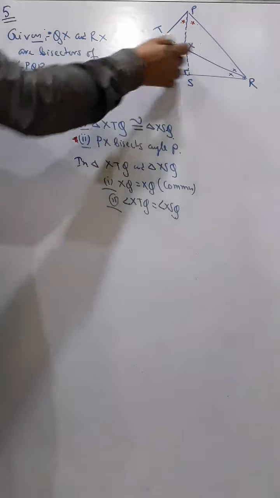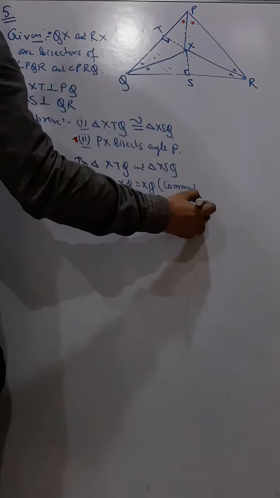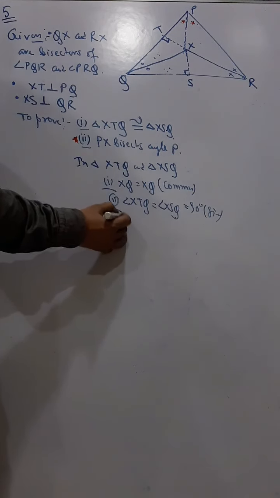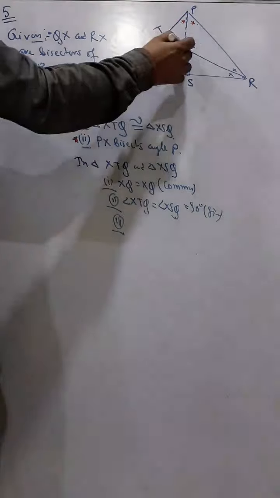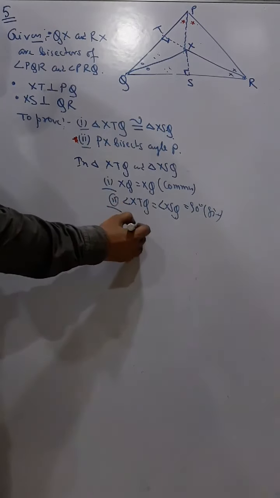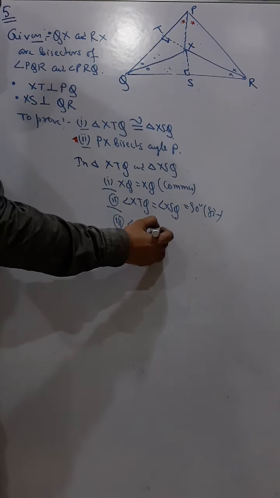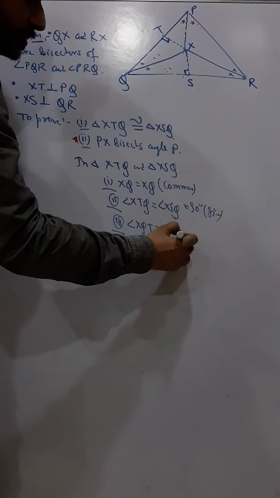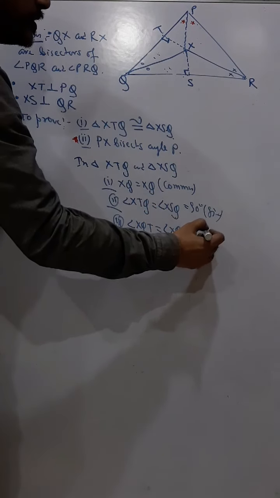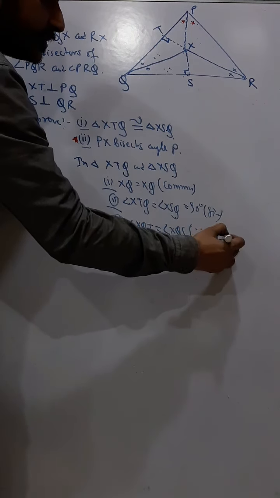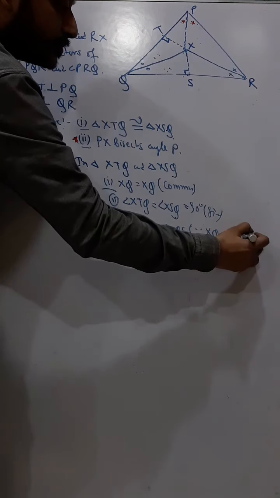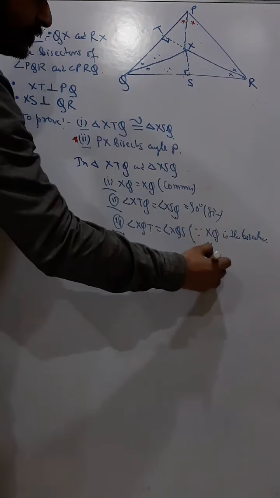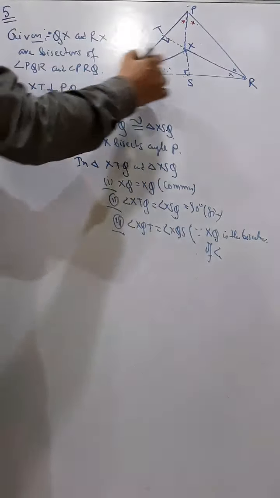So perpendicularity is given, so we can say it is 90 degrees. And number 3, we can say angle XQT is equal to angle XQS. That is also given, since XQ is the bisector of that angle PQR.